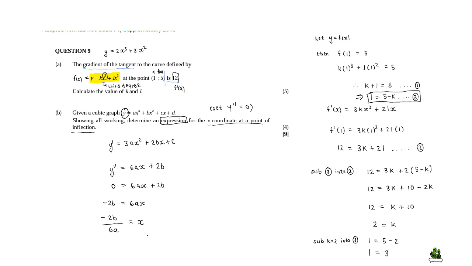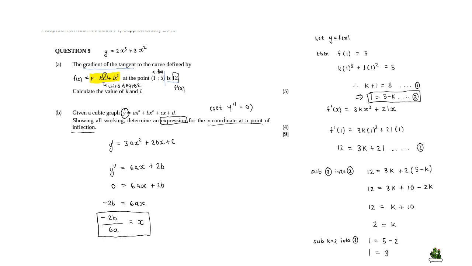So the x coordinate at our point of inflection is given by the expression minus 2b divided by 6a, and this is from this general equation.